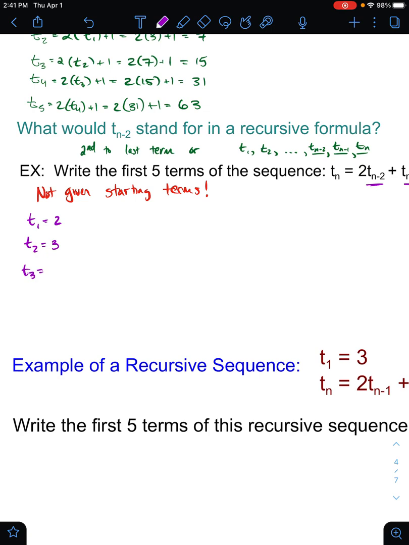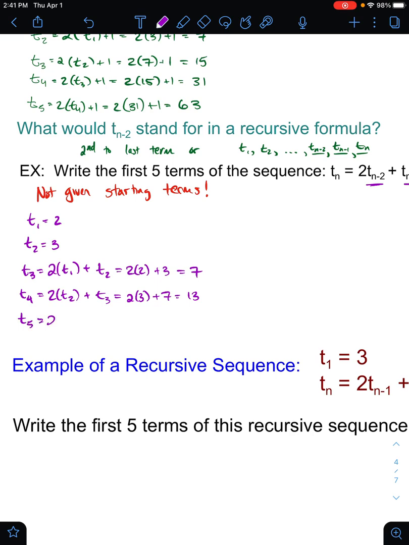So t sub 3 is 2 times what is 2 terms ago. So t sub 1, since 3 minus 2 is 1, plus t sub 2, which is 2 times 2 plus 3, so that's 7. A lot of 7's coming up today. T sub 4 is 2 times t sub 2 plus t sub 3, because 4 minus 2 is 2, 4 minus 1 is 3. So that's 2 times 3 plus 7, 6 plus 7 is 13.